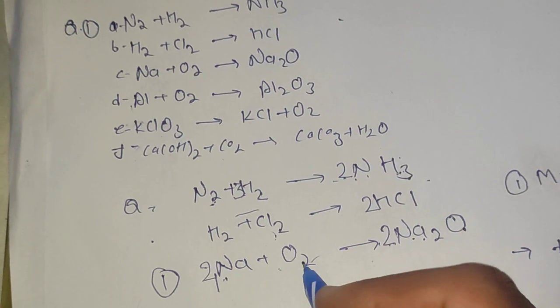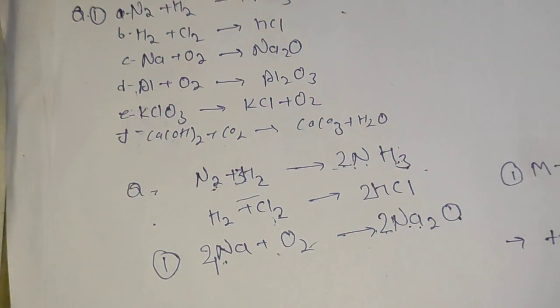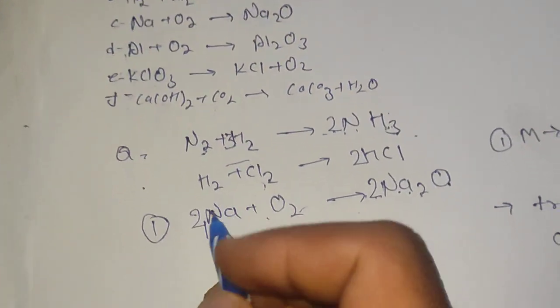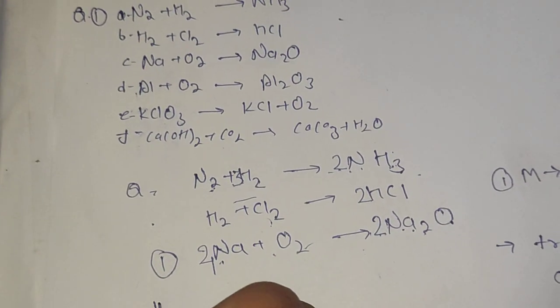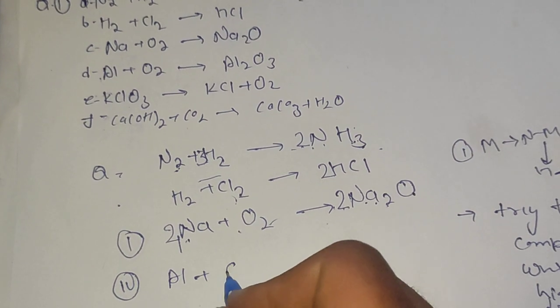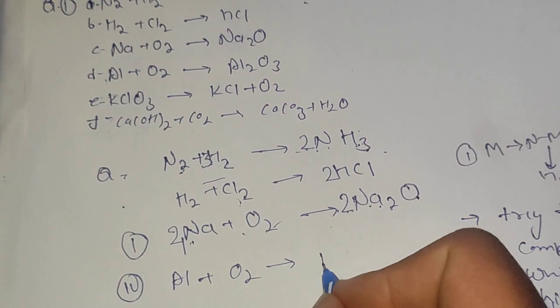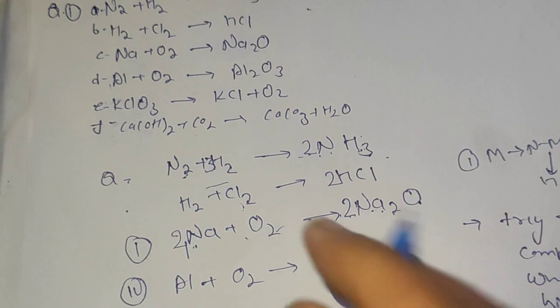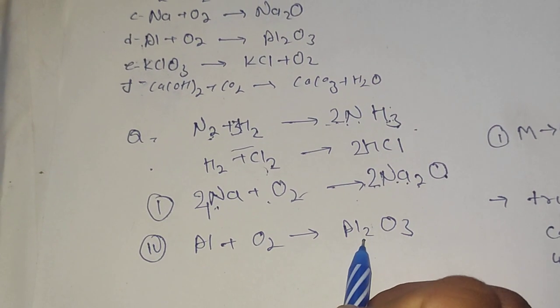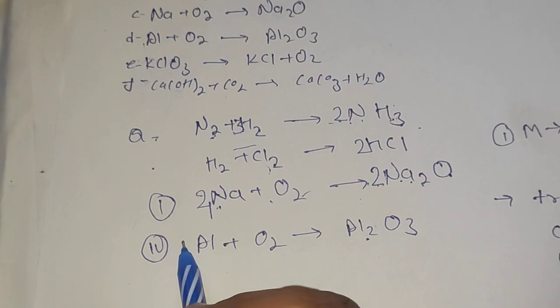And by the way, in this method the number which is the highest, whether 2 or 4, all are correct. Okay, second thing is the fourth part, which is aluminium plus O2 gives Al2O3. So aluminium is 2 here, I multiply by 2.